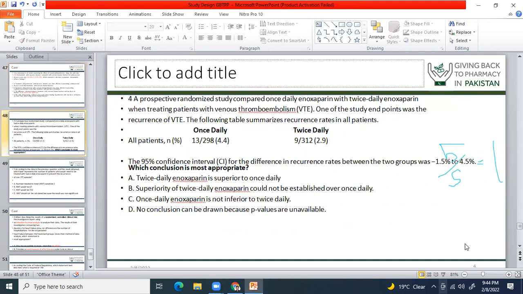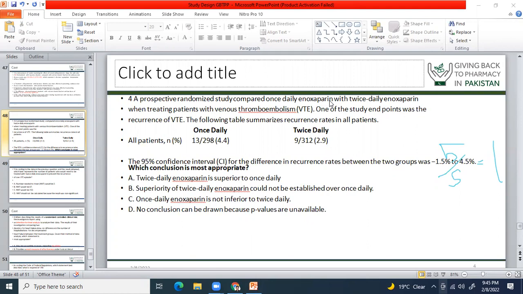So a prospective randomized trial is there. The study compares once daily enoxaparin with twice daily enoxaparin when treating patients with venous thromboembolism. The study endpoint was recurrence of VTE, venous thromboembolism. The following table summarizes the recurrence rates in all patients.